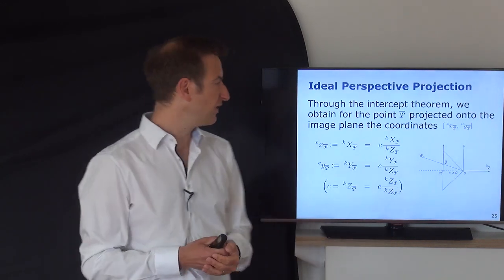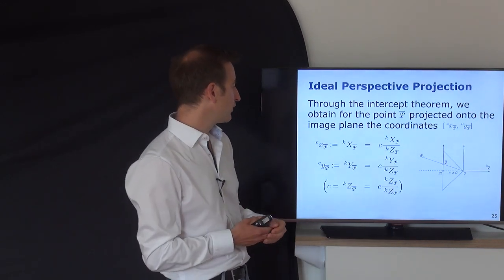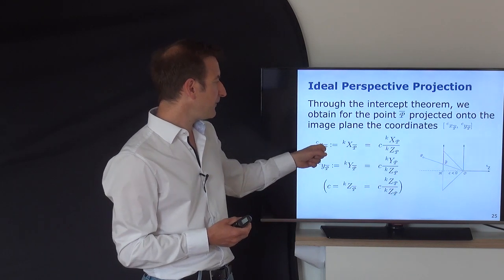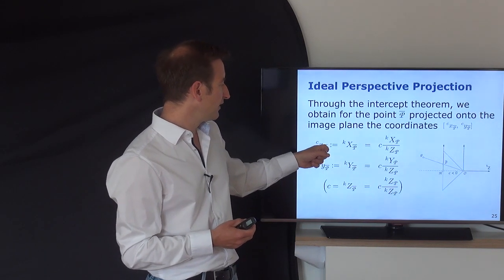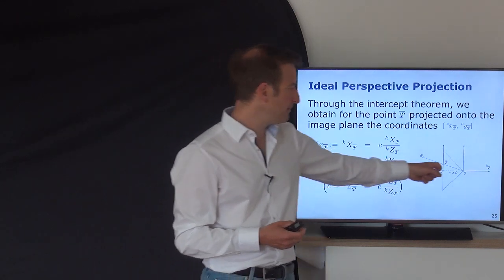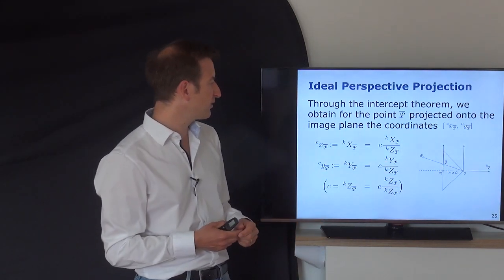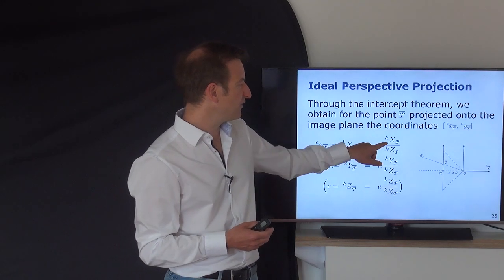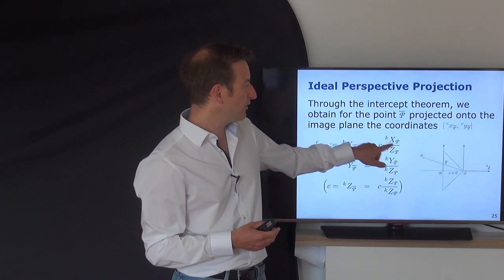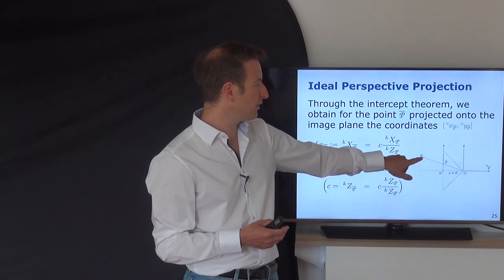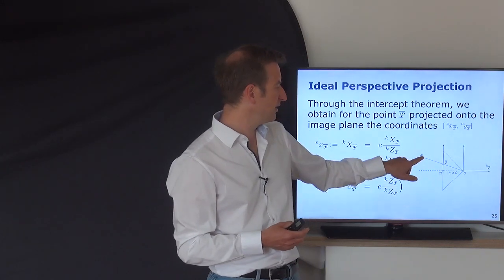You can express this in a very straightforward way. So the point in our image plane, so this, for example, x-coordinate over here, can be expressed by taking the point P over here expressed in the camera coordinate system with respect to this point.